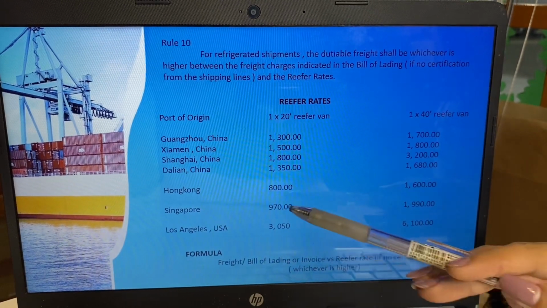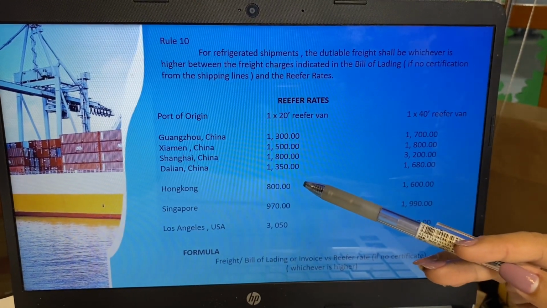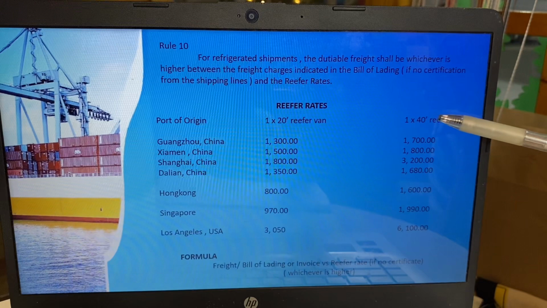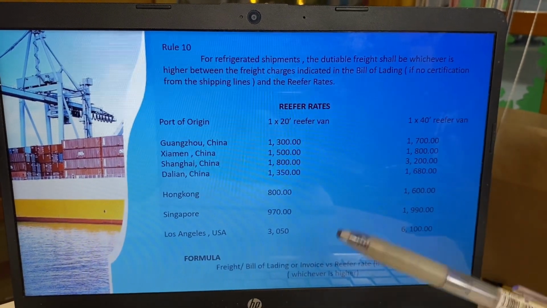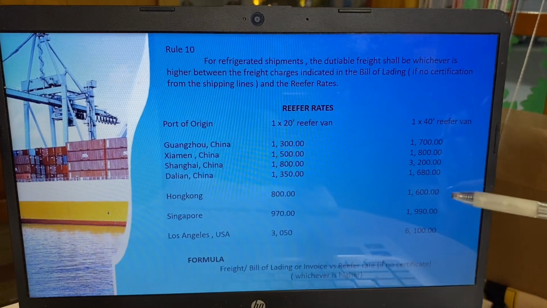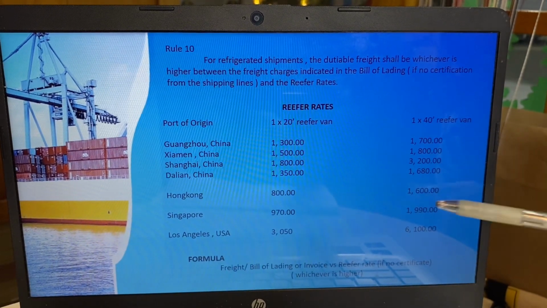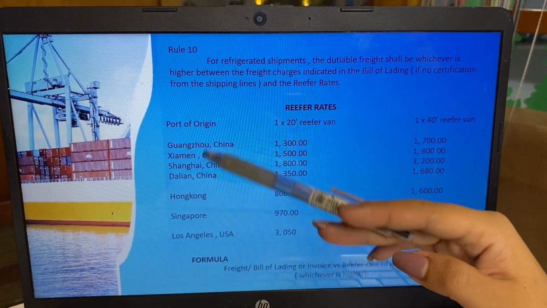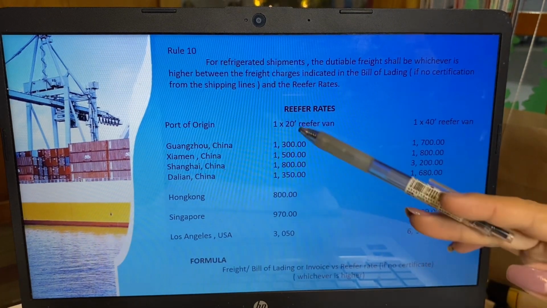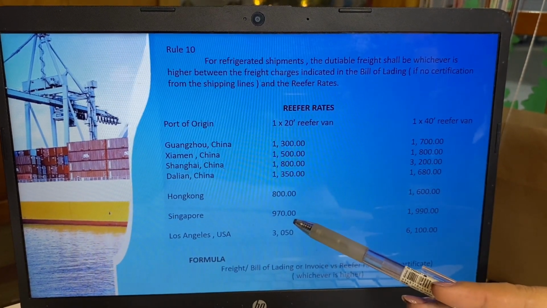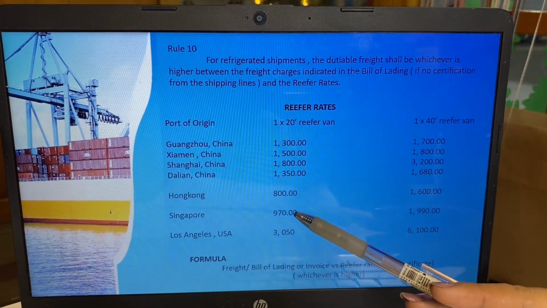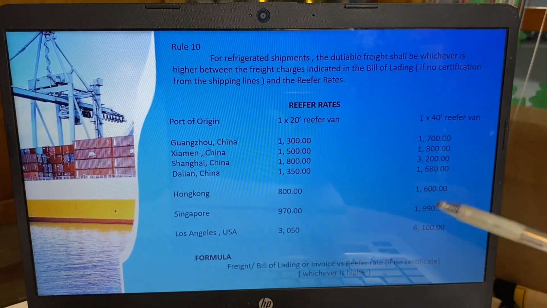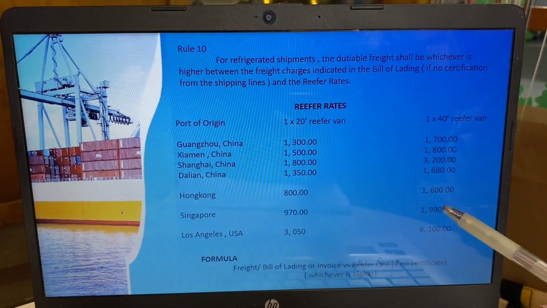From Hong Kong, a 20-footer van would be 800, and a 40-footer van would be 1,600. From Singapore, a 20-footer van would be 970, and a 40-footer van would be 1,990.